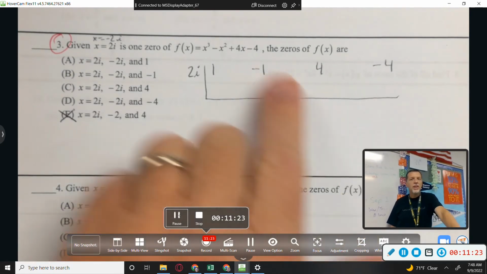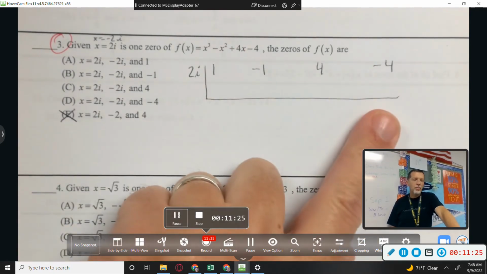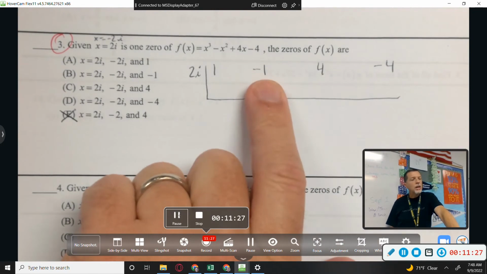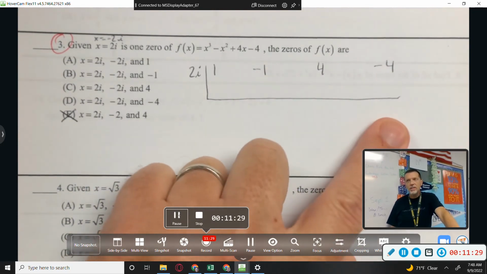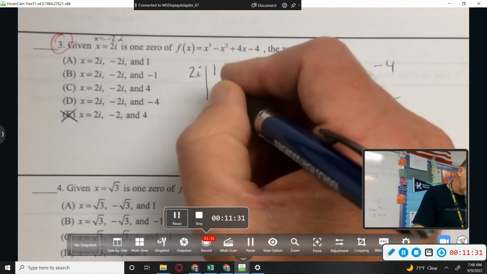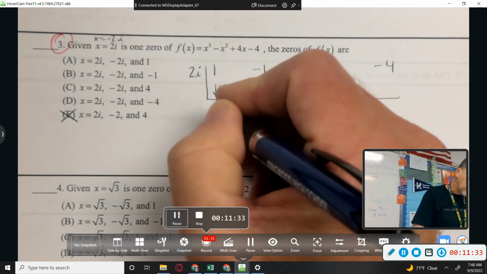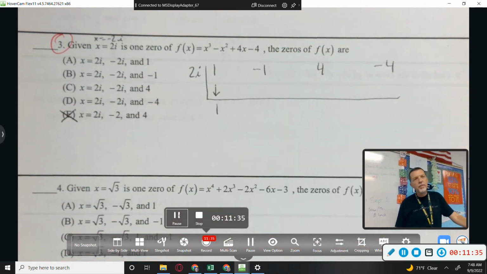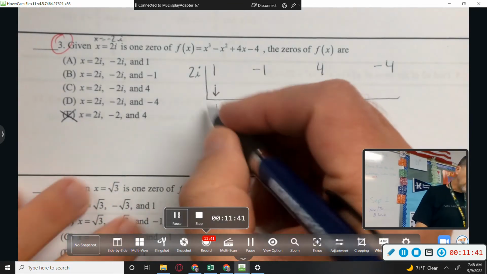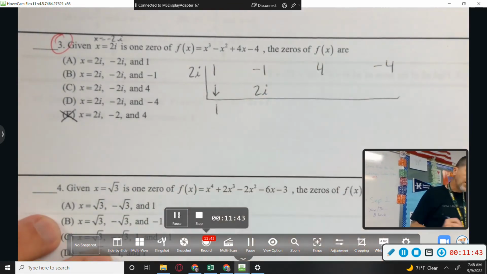So that's the nice part about this problem, it's about to get ugly, but I should get 0 at the end. So it's still the same steps. We just need to be extra careful because the i is in there. So copy down the 1. Multiply 1 times 2i is 2i.